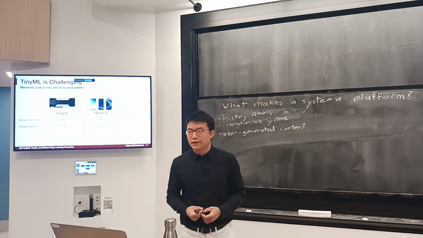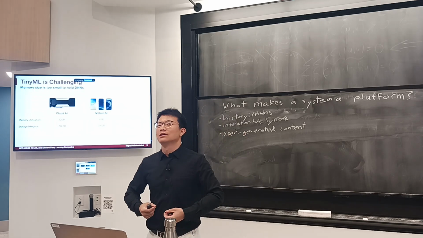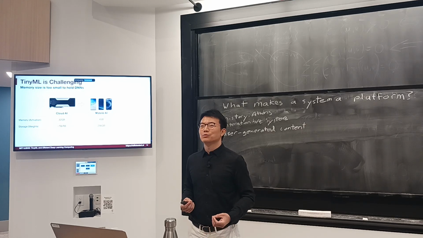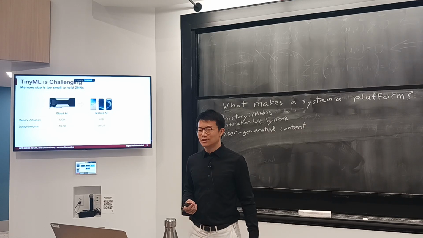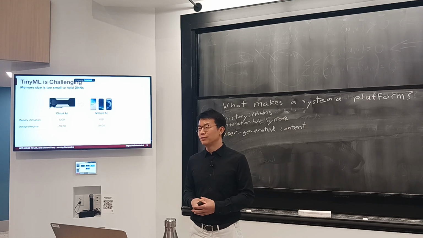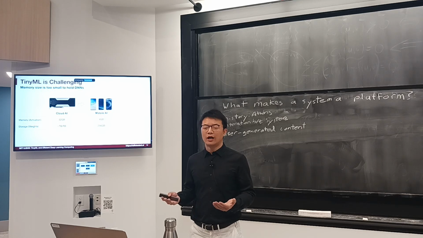But it's not easy. TinyML is quite challenging. What makes it so challenging? The resource, primarily the memory resource. For cloud AI, this slide shows 32 gigabytes of memory, but now you can easily get 80 gigabytes of memory on A100 and H100 GPUs, with terabytes or even petabytes of storage to store the weights and data.